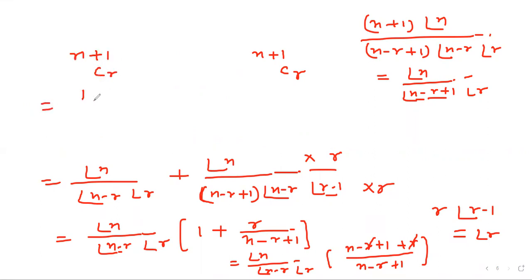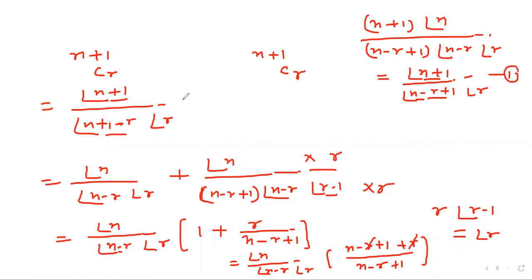So it will become factorial (N plus 1), because (N plus 1) times factorial N is factorial (N plus 1), divided by factorial (N plus 1 minus R) times factorial R. So if we compare equation 1 and equation 2, both are the same. Hence, our result is proved.